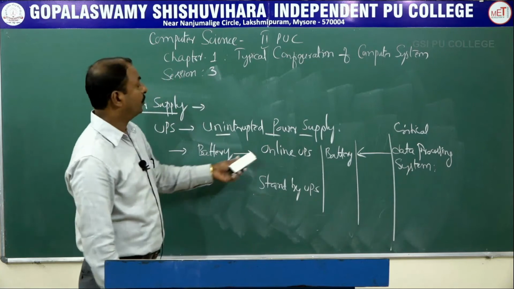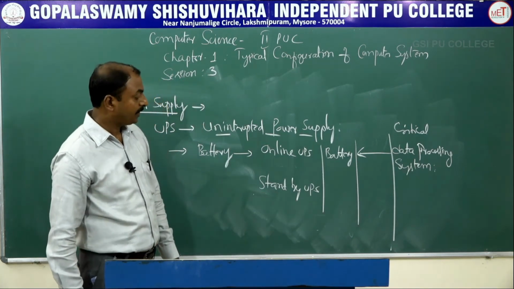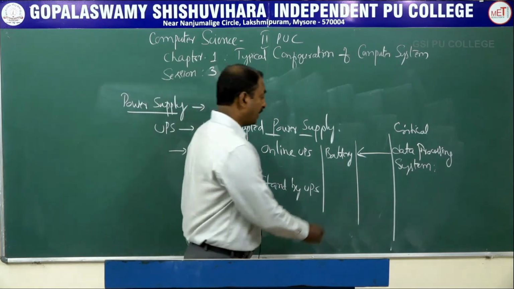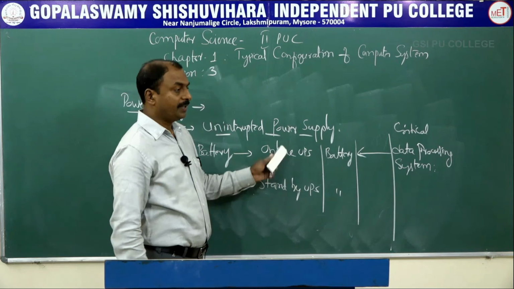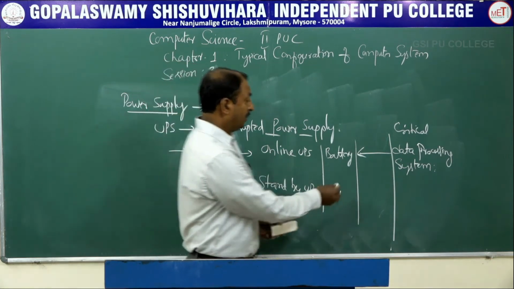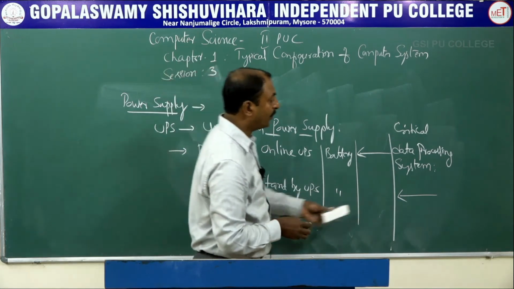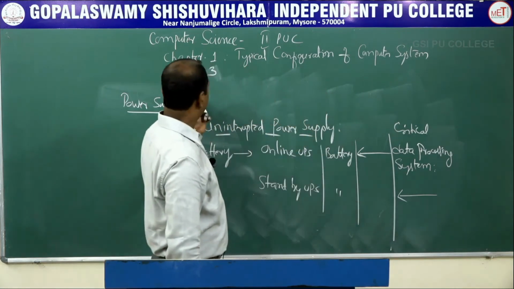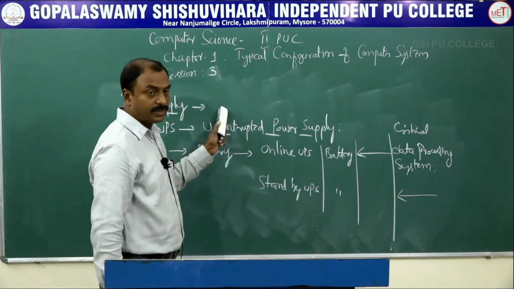Now let us look at another type of UPS, the standby UPS. This standby UPS again runs on the battery, but what is the difference between these two? Here, as long as the power is there, the computer system gets the power directly.